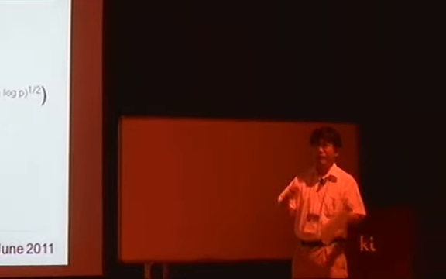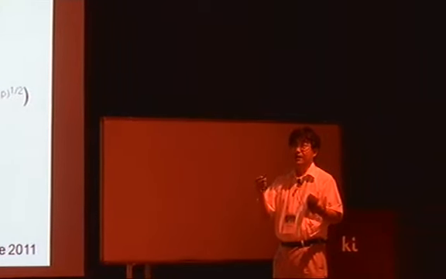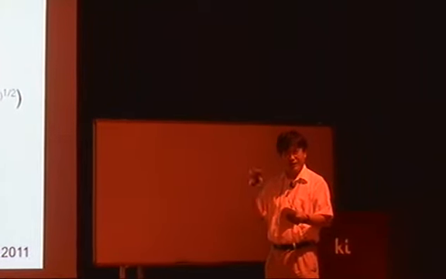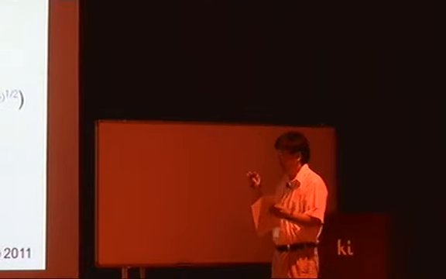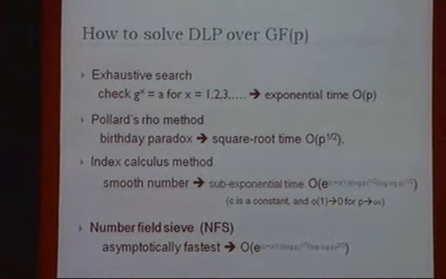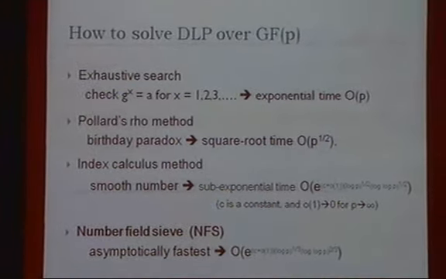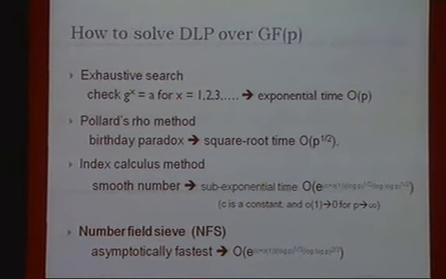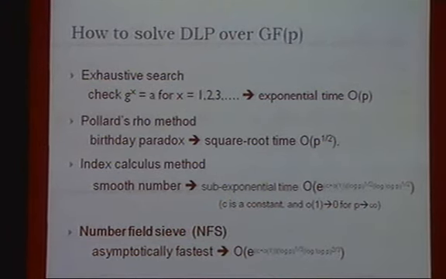And as you know, factoring underpins the security of the RSA cryptosystem. I will explain later: the number field sieve can be relatively easily adapted to the discrete logarithm problem case. And interestingly, in both the case of factoring and the DLP over GF(p), we have the same speed for large enough p, namely this is the speed of the number field sieve.